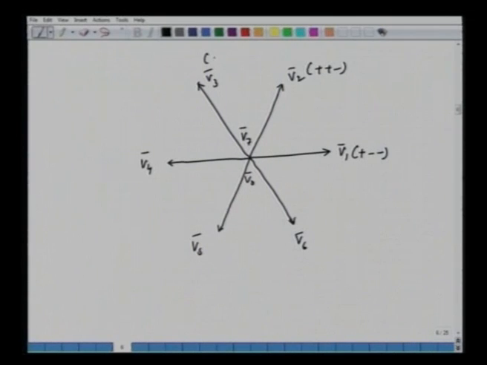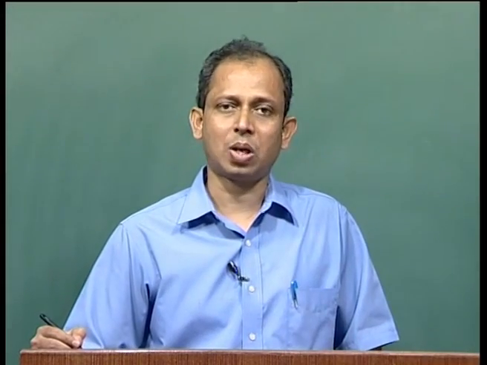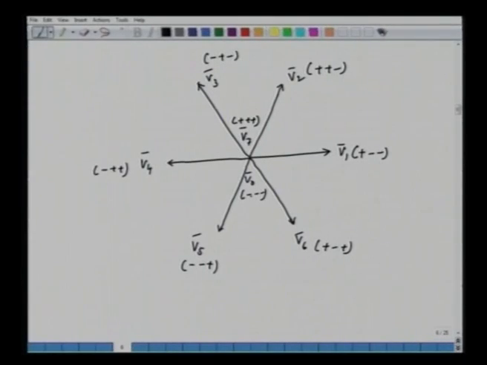Similarly, V3 is minus plus minus, V4 is minus plus plus, V5 is minus minus plus, V6 is plus minus plus, and V7 is plus plus plus. It means the machine is shorted through the upper switches of phase A, phase B and phase C. Similarly, V0 is minus minus minus, which means the lower switches of the 3 phases are on, and the 3 phases of the machine are shorted through the lower switches.